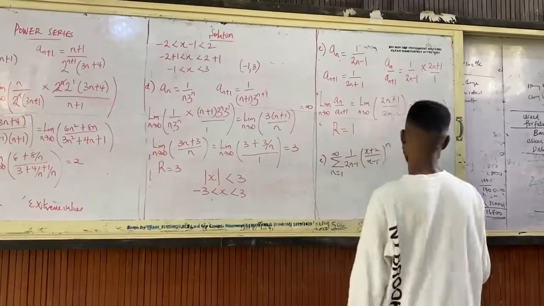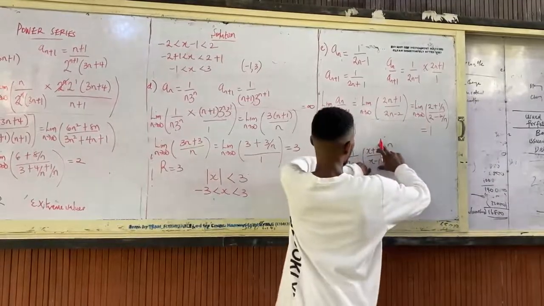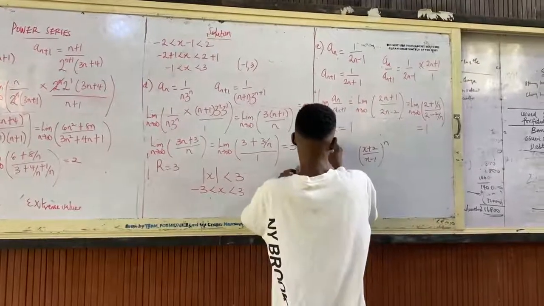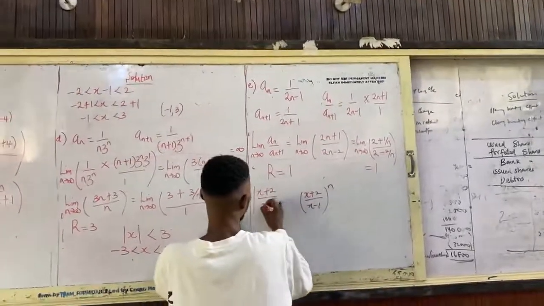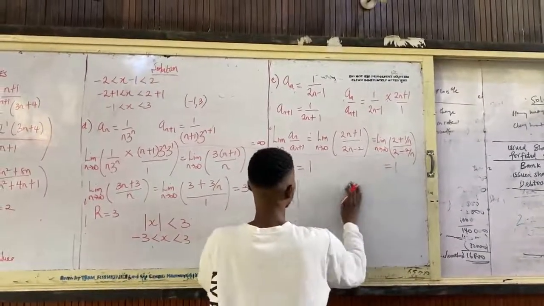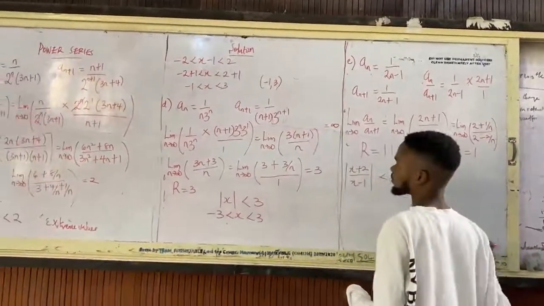And for the interval of convergence, we just need these values of x, this function of x. So that's the absolute value of (x plus 2) over (x minus 1) is also less than 1. That is the interval of convergence.